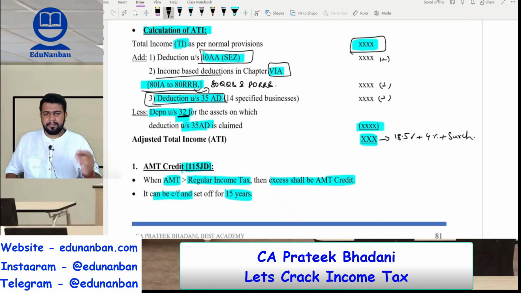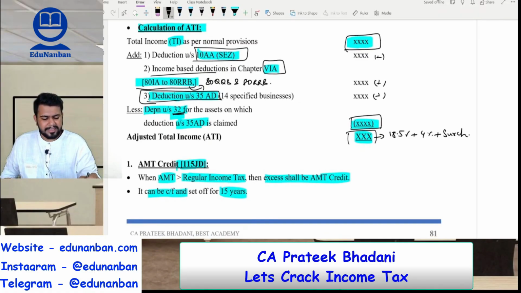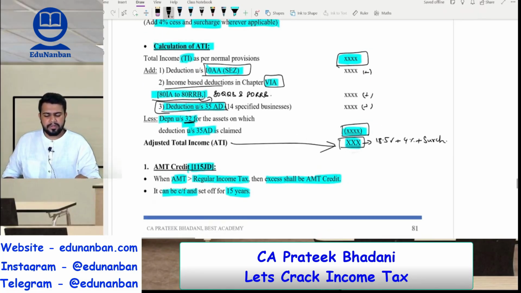So add them back. However, if 35AD deduction is not claimed, then the assessee can claim depreciation, correct? So the depreciation which would have been claimed should be reduced from this answer. So the final amount that is received will be adjusted total income. So what you should do?